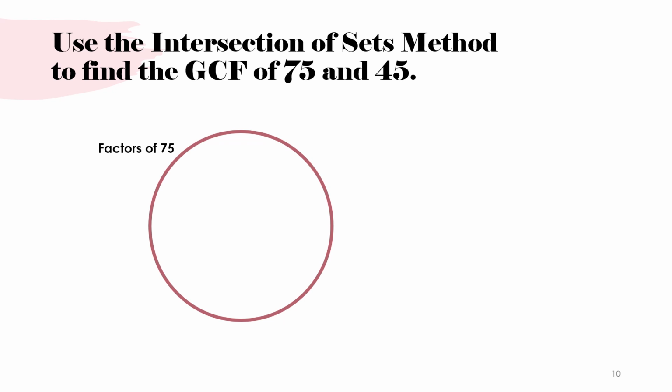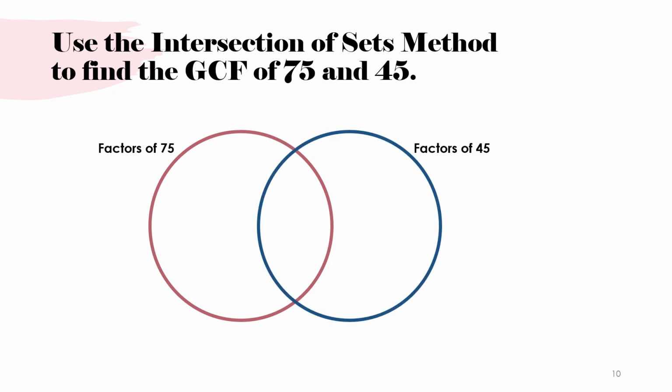All right, so you have one circle that represents the factors of 75, you have another circle that represents the factors of 45, and then of course you're going to have this overlapping part in the middle. So let me change to my pointer. That's where the common factors are going to go.